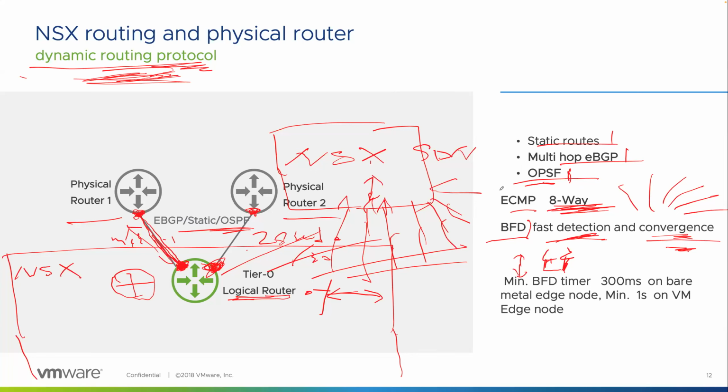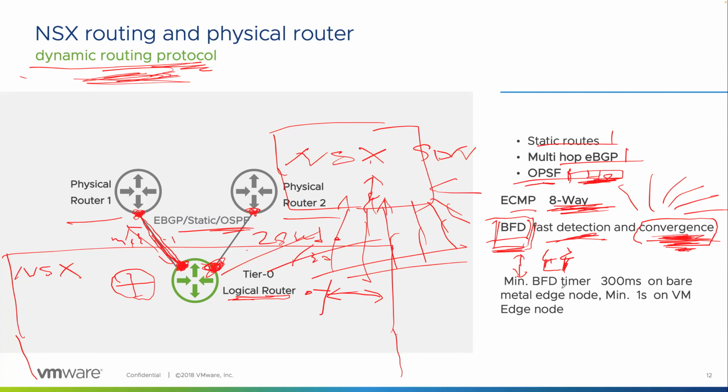Here we have hello time, hold time, and retry sort of things, to ensure our convergence mechanism. But it is a little bit slow for a particular application or environment. So that's where BFD comes into play.